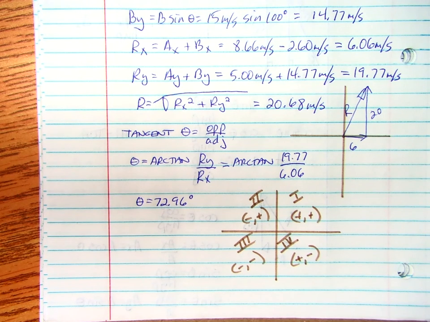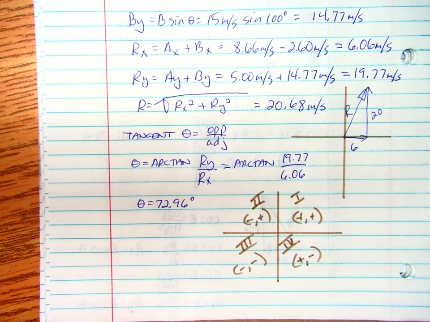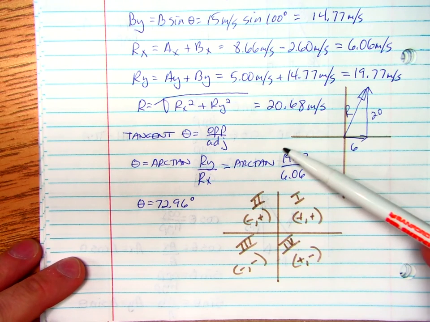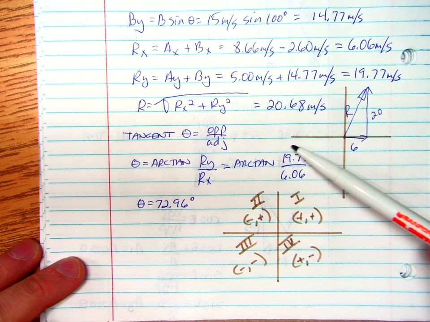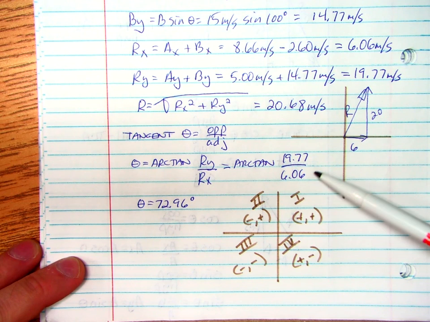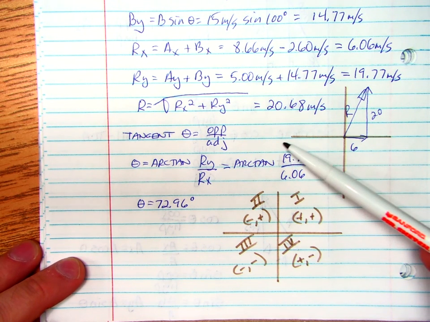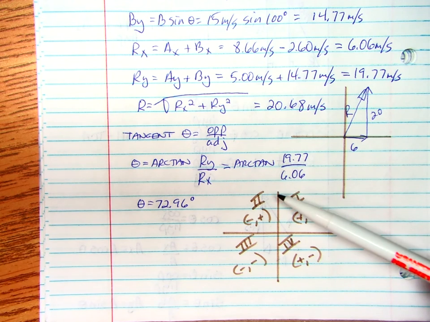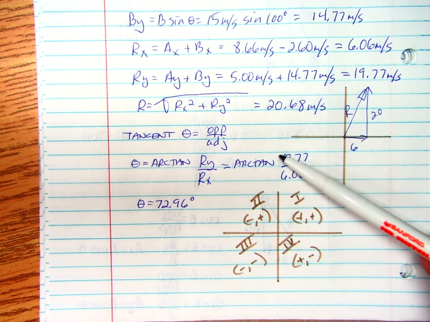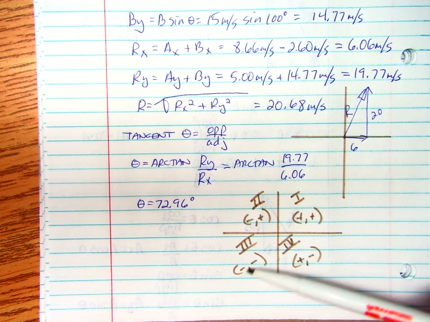I want you to tell me what is the sign of this ratio for vectors that end up in the third quadrant.